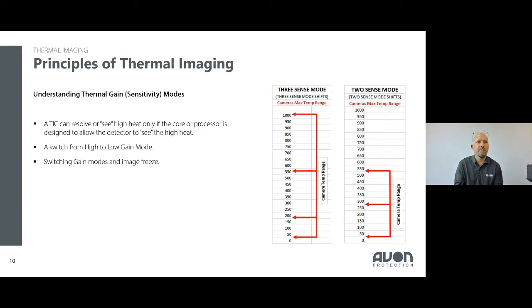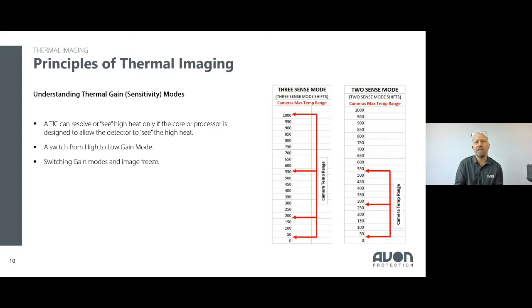Likewise, if you took the same camera and looked at water, which is cooler, you would have to change the sensitivity of your camera sensor to get a good image. We do that dynamically, and we use gain modes to switch through the different sensitivity modes of the camera. We switch from high to low gain modes.